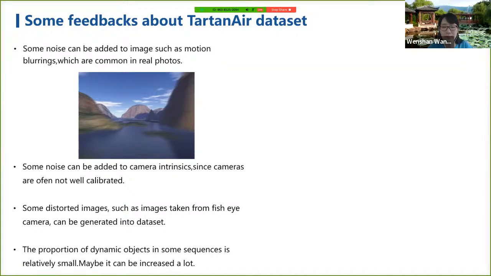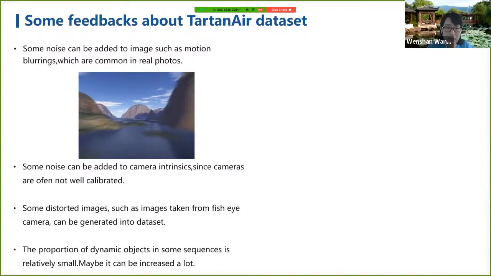Then basically we can add noise or generate images with different camera intrinsics. In terms of the motion blur, I'm thinking about also doing this as a post-processing. Given the clean image we already have and the optical flow ground truth, we can calculate how to blur each pixel and generate an image to simulate the case of motion blur.